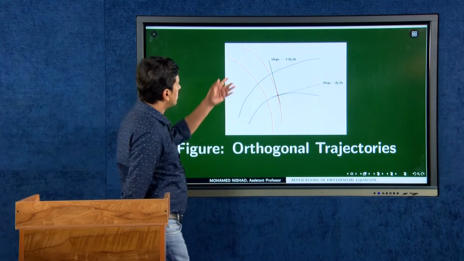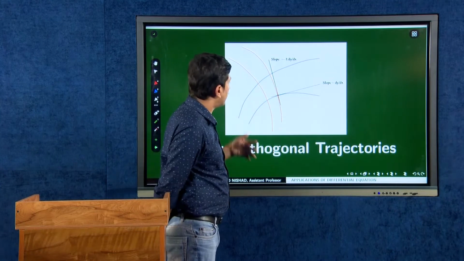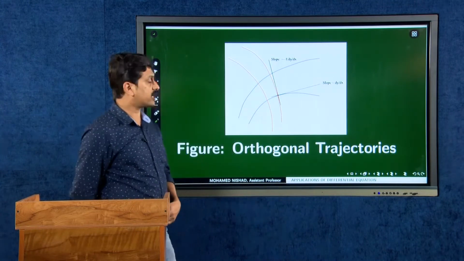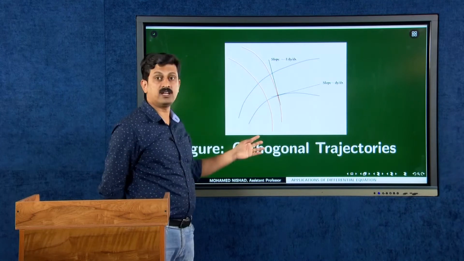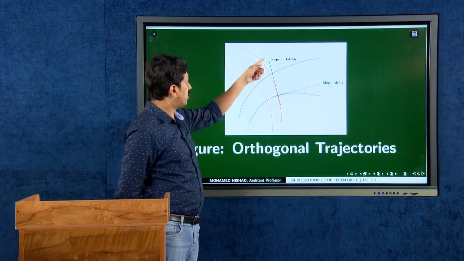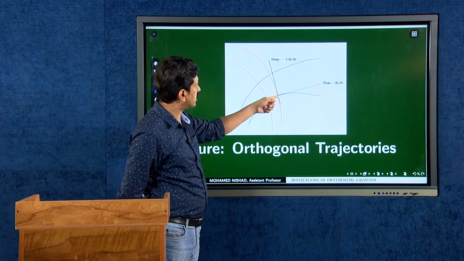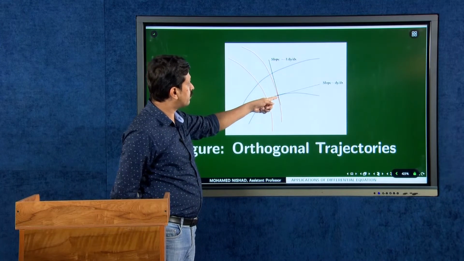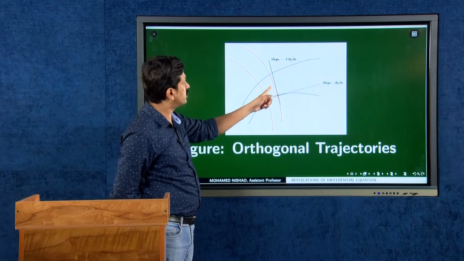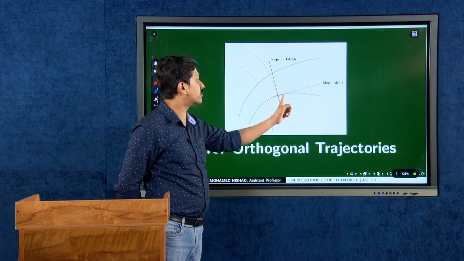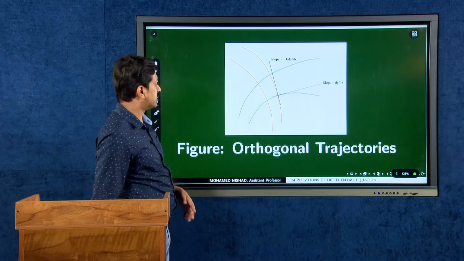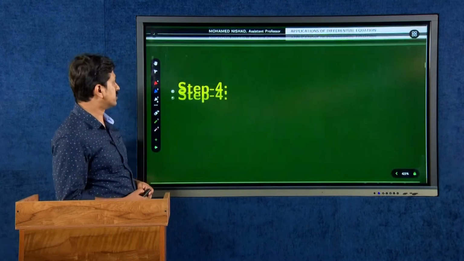The red curves are the orthogonal trajectories of the blue curves. While drawing the tangent lines through this particular point, these two tangent lines are perpendicular, so we can say they are orthogonal trajectories.